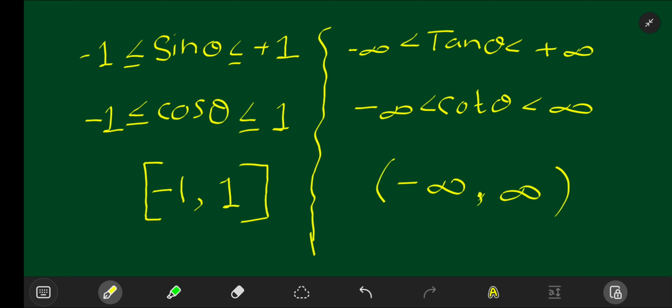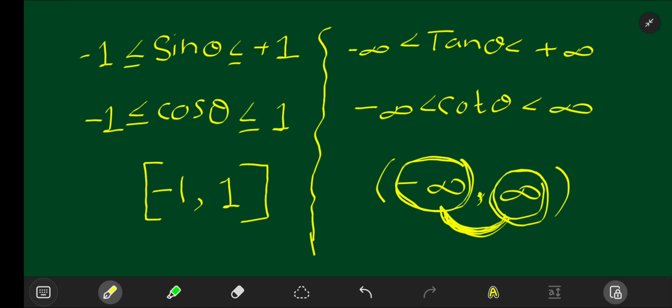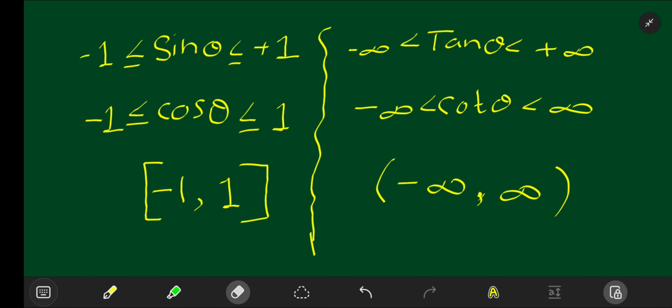That means not including the written values, but the between values are considered. Open brackets mean not considering the written values, but considering between these values. Okay, that is the meaning of open brackets.